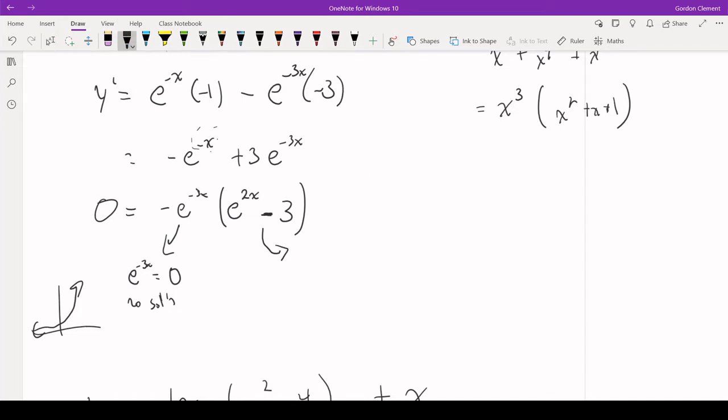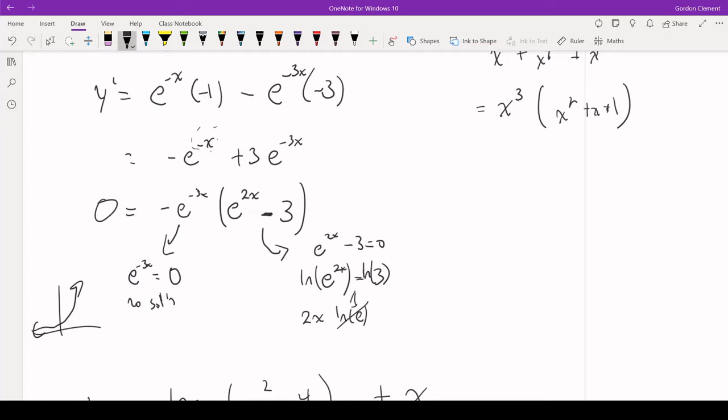But this part we can actually get solutions from. So we get e to the 2x minus 3 equals 0. So e to the 2x equals 3. Now the trick to get the x out of the exponent is to take a logarithm of both sides. And since our base is e, we might as well take the natural logarithm. And what that does is the 2x floats down in front, and then you get the log of e, which is just 1.